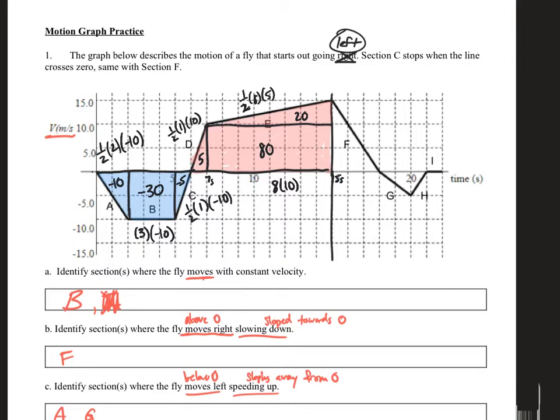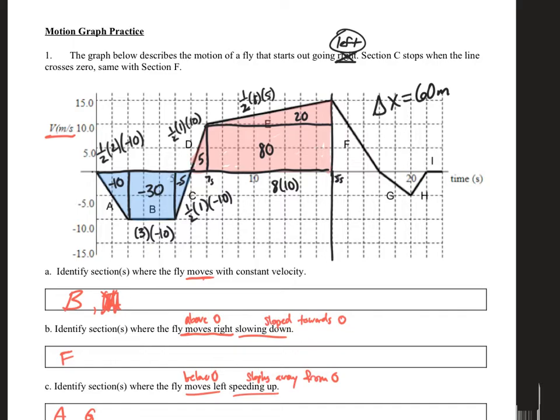So now, how do I get the overall displacement by looking at this graph? Well, I've got all these individual displacements. I'm just going to add them together. If I add -10, -30, -5, +5, +80, and +20, I get an overall displacement of 60 meters. So that means from beginning to end, from 0 to 15, I ended up 60 meters to the right of where I started.